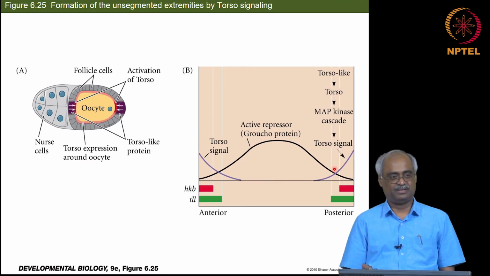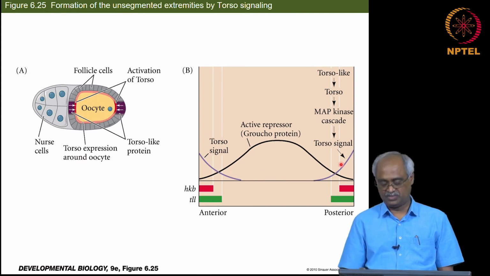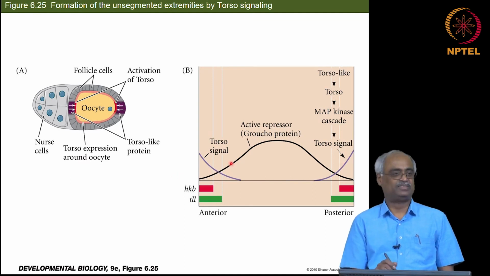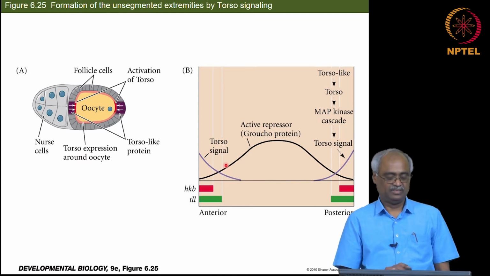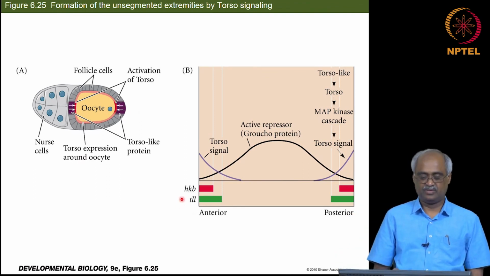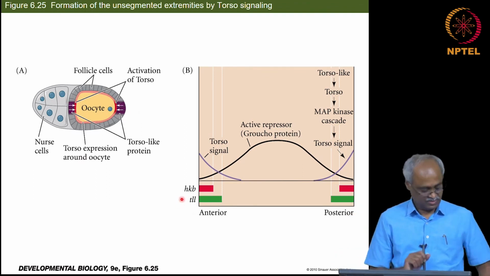You just can't explain any other asymmetry to make this produce the head and this the tail region, and that asymmetry is provided by the Bicoid being present here. So, this is how the extremities are taken care of, to make the acron and the tail structures.